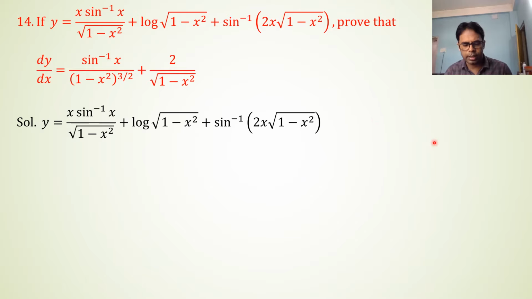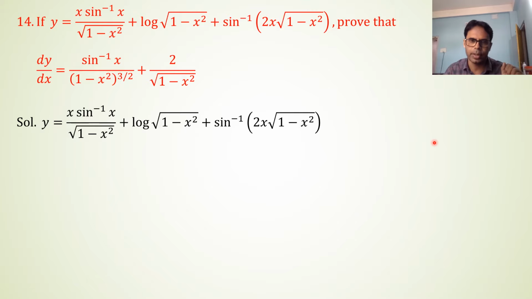Or if you want to clear the chapter inverse trigonometric functions, you may also see the inverse trigonometric function videos on my channel. Search the playlist and you will get that video also.